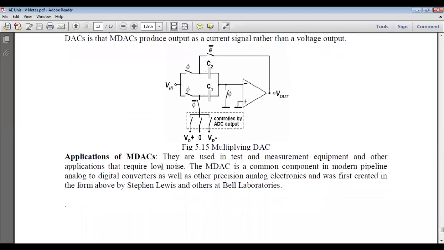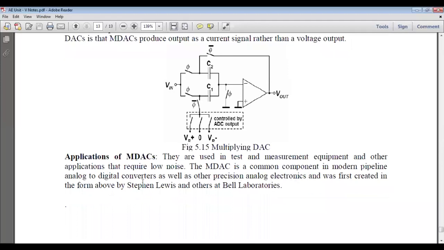Applications of MDAC: they are especially used in test and measurement equipment and other applications that require lower noise. It is also a common component in modern pipeline analog to digital converters as well as in the field of precision analog electronics. Precision means to provide accurate values.